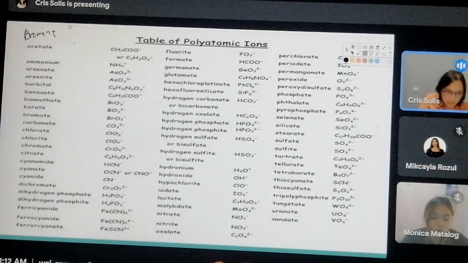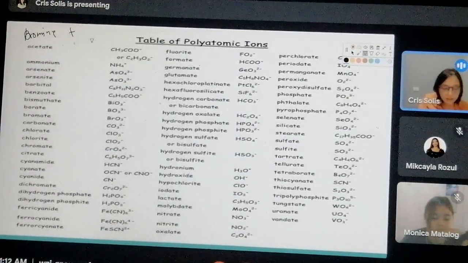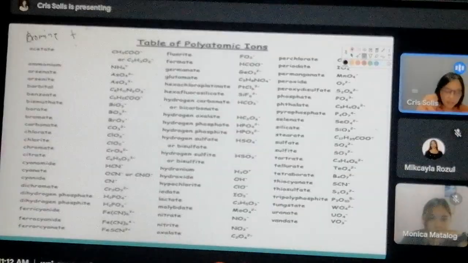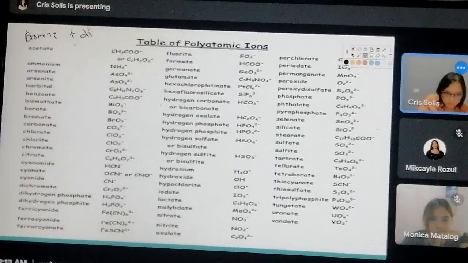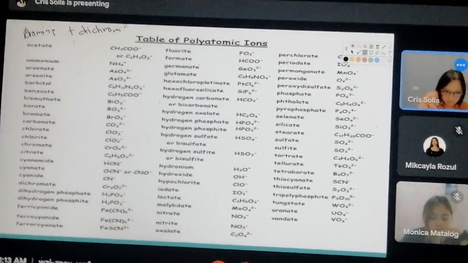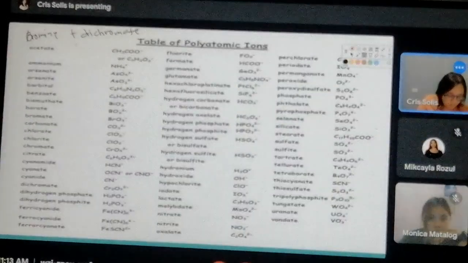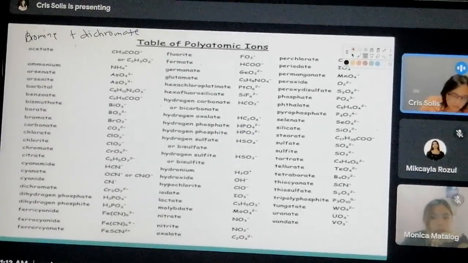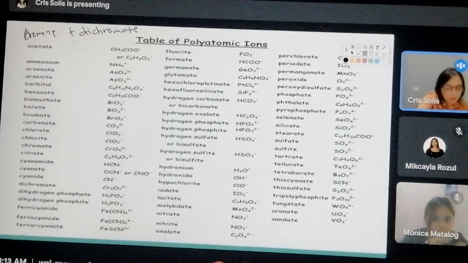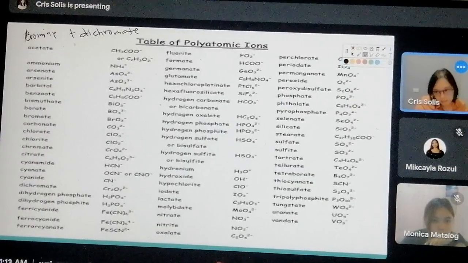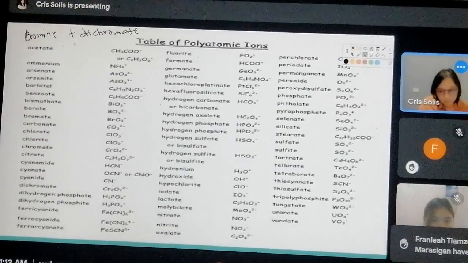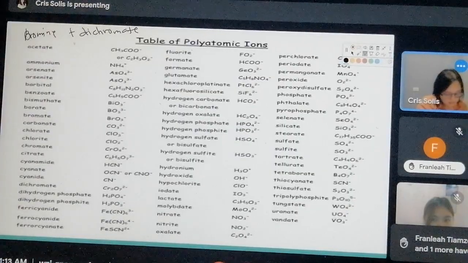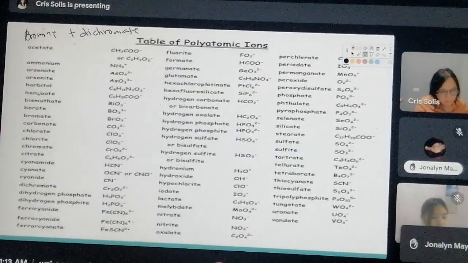Bromine. And then, I'm going to add, sabihin natin si dichromate. What's the symbol for bromine? Sige, Juliana. Br.